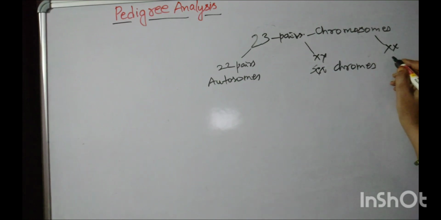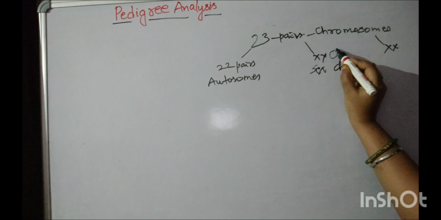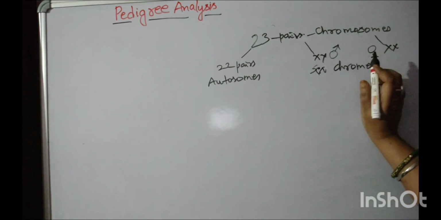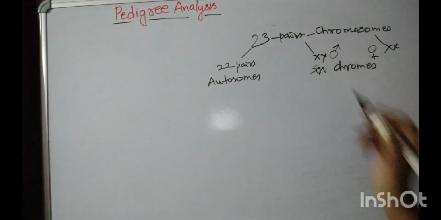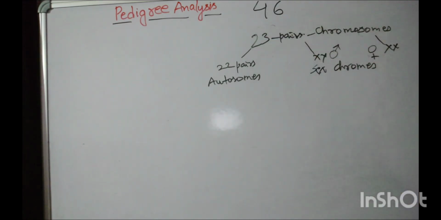XX means female, XY means male. So in a human being there are 23 pairs of chromosomes, 46 in total.